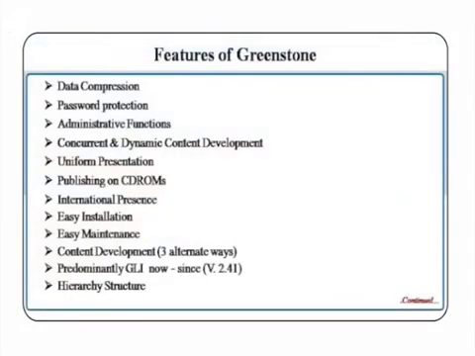Data compression, password protection is there, and administrative functions which are available in all digital library software, concurrent and dynamic content development, uniform presentation across the pages, and publishing on CD-ROM is possible. Greenstone has an international presence since it's open source software.